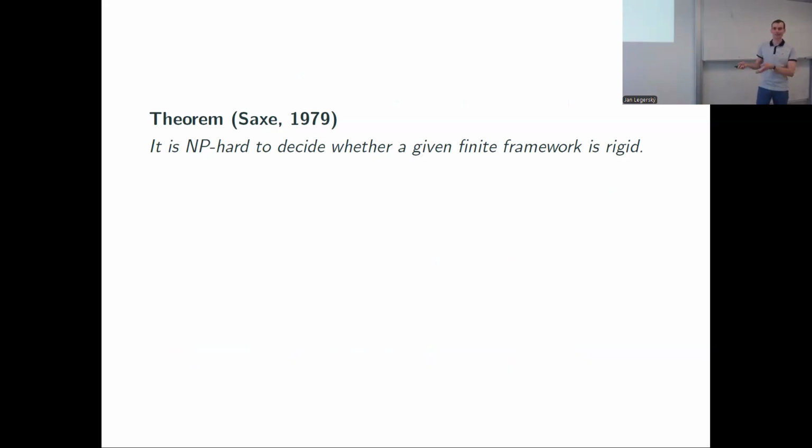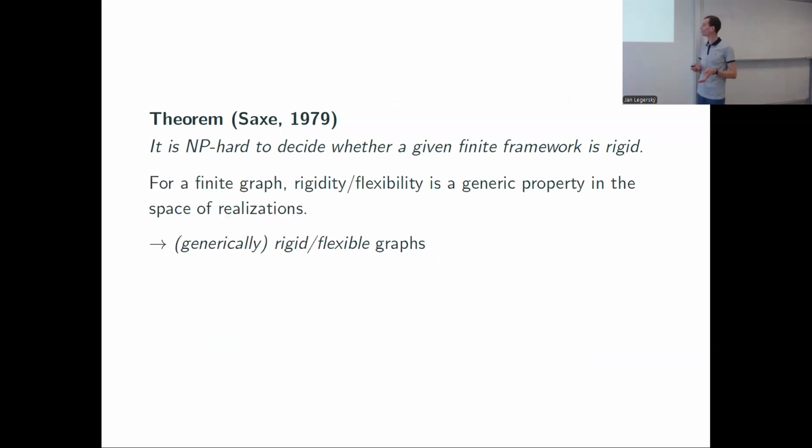Saxe proved that it's simply hard to decide whether a given framework is rigid. So that's not such good news. What is good news for rigidity theorists is that if you now look not at a framework, so a framework is a graph together with a realization, now I want to look only at graphs. And one can prove that fixing a graph, either almost all its realizations will be rigid, or almost all will be flexible.